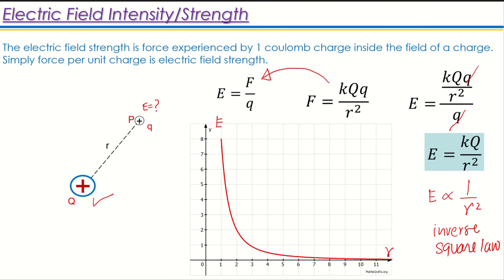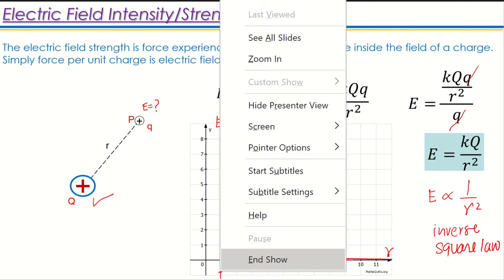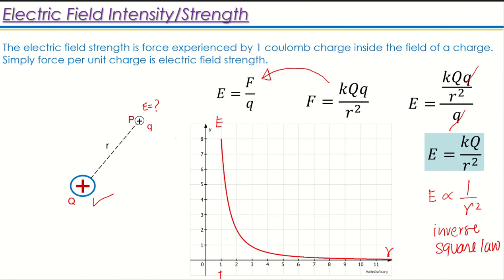And you can see from here, at a distance of 1, the value of electric field is 8 and double the distance, the value of electric field become 2, which is 1/4 of 8. So electric field due to a single charge also follows the same law.